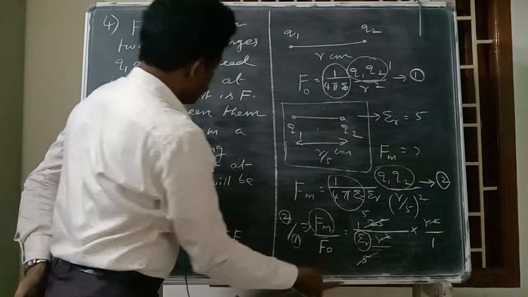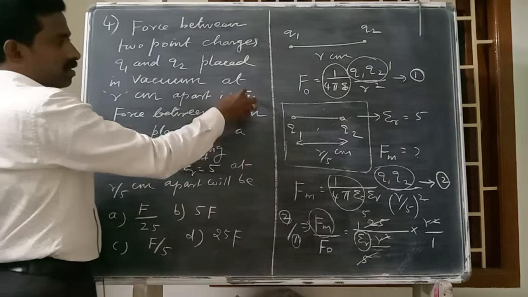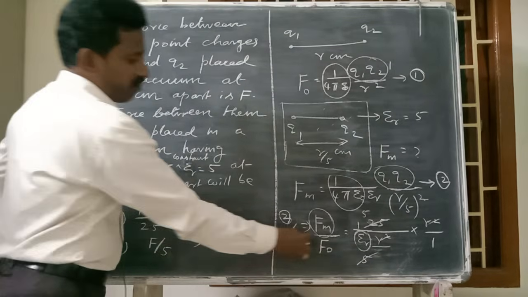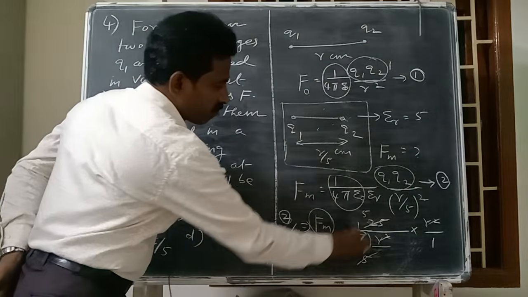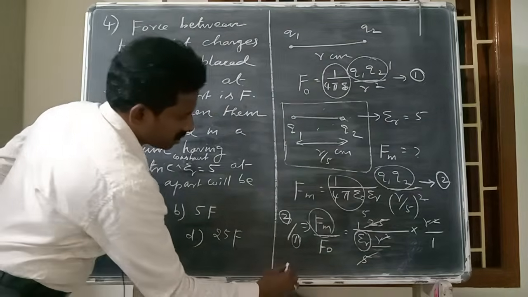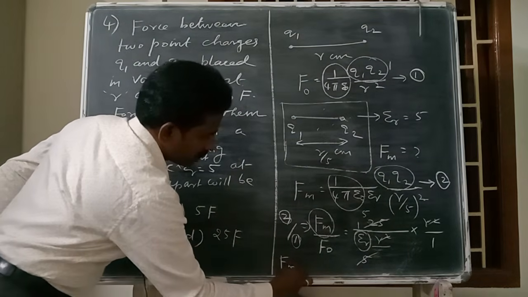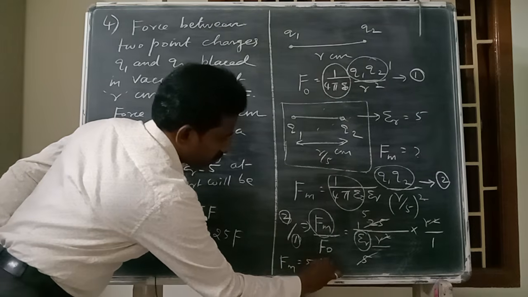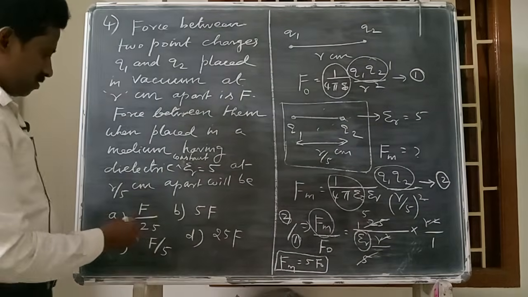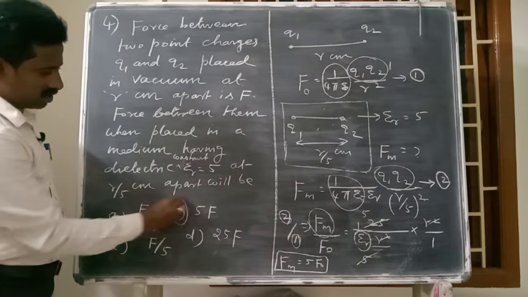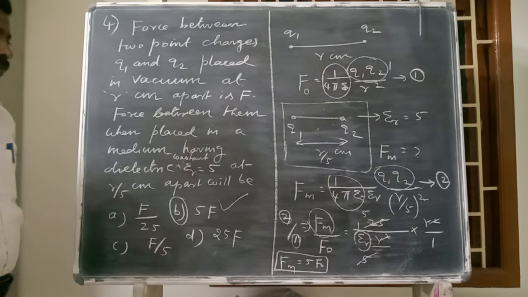This F naught is nothing but this F. Okay. So Fm equal to 5 times of F naught. That is Fm equal to 5F, which is the answer, this option. This is the correct option.